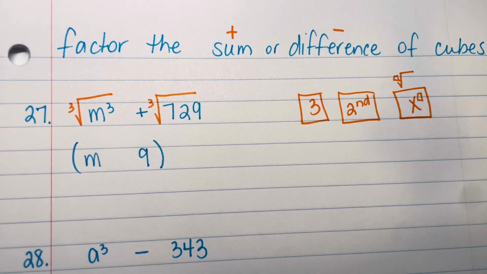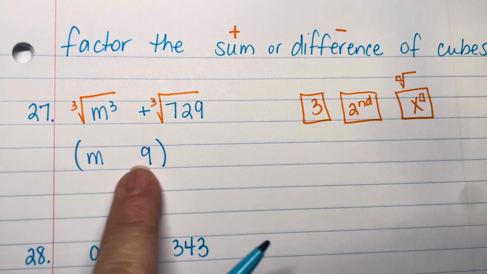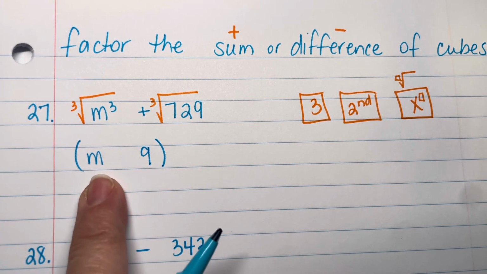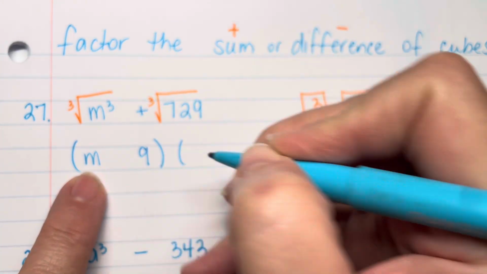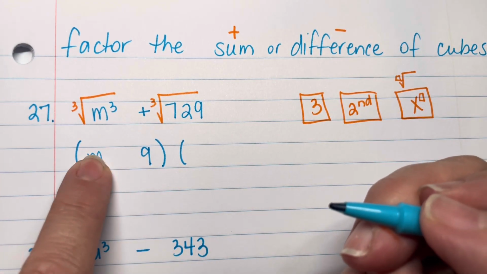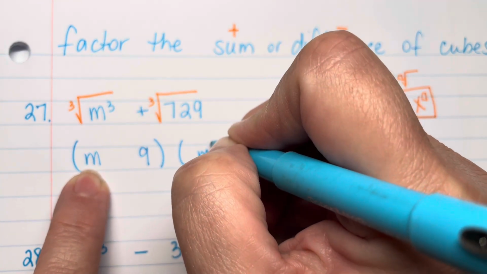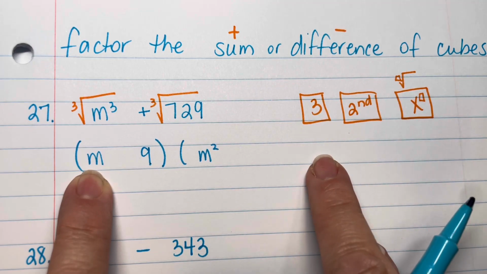In the sum and difference of cubes, the second part just follows a pattern. So once we find our first factor, we're going to take the m and square it. So this term to the second power gives us m to the second. And then I always jump to the end.